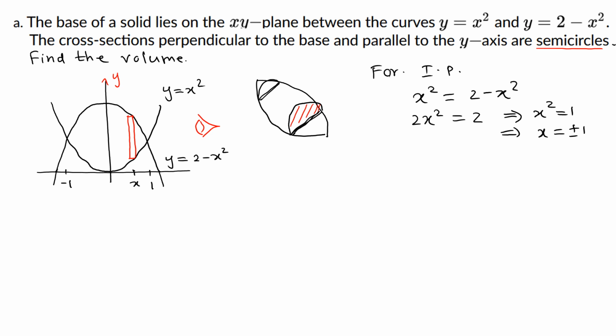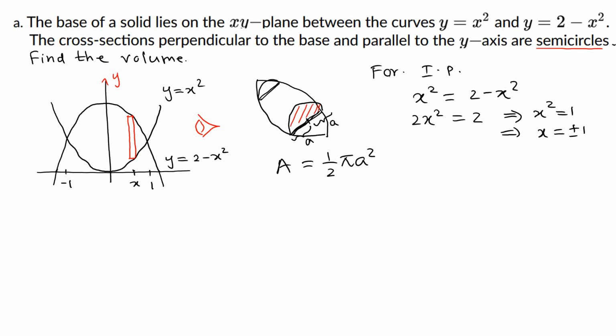The only thing we need to do is find the area of this cross section. If you know this radius, if you call this a, then we can find the area of this semicircle. The area of the semicircle is going to be 1/2 pi a squared.